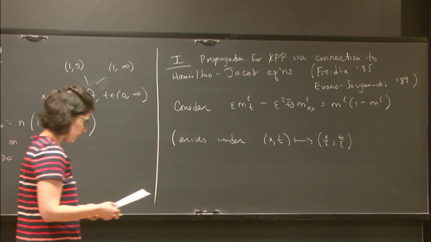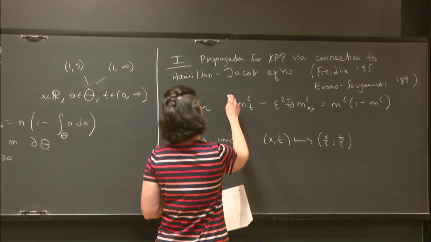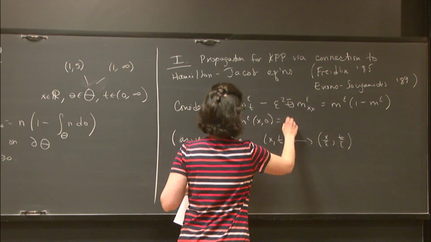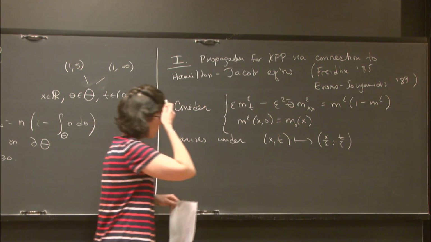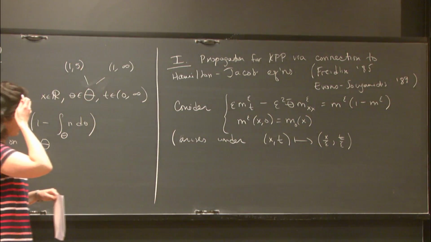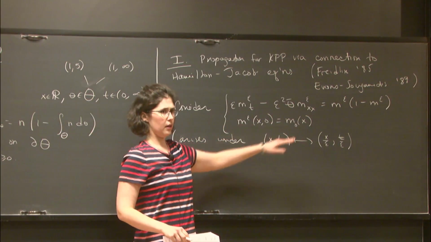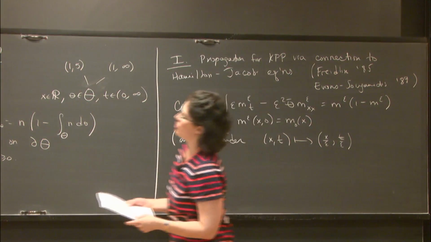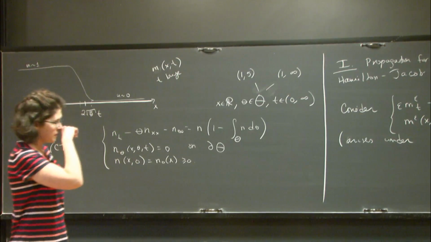I'll add a caveat: here I won't actually do things rigorously, but I don't want to write anything false. Their work applies when all of the m epsilons have the same initial data. That means that the rescaled solution to the KPP equation is not exactly this m epsilon, because something happens to the initial data.